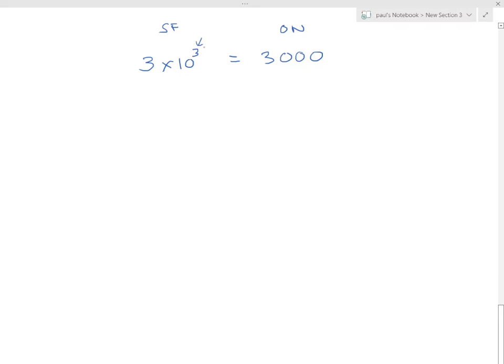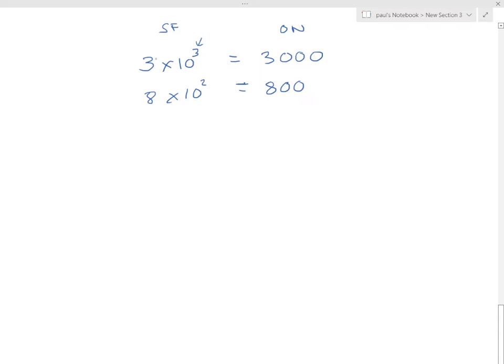Because that number is 3, we're going to put 3 extra place markers at the end. So 3 times 10 times 10 times 10 is 3,000. So 8 times 10 to the 2 would be 8 and 2 zeros on the end.